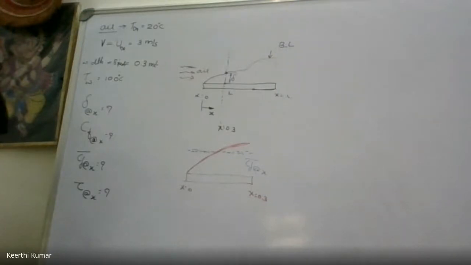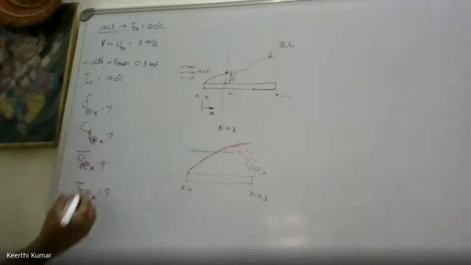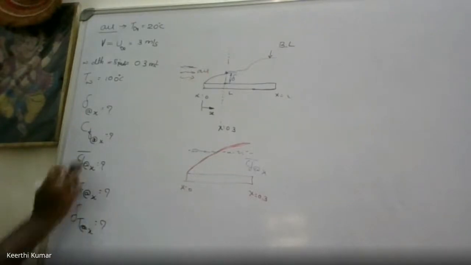Then thickness of thermal boundary layer. I have not explained that, I'll just tell you. This is called boundary layer thickness due to the velocity. Thermal boundary layer is this. Thickness is delta as it is. Boundary layer thickness is delta. If it is thermal, we will write like this: thickness of thermal boundary layer at x. So observe this. This is different and this is different.